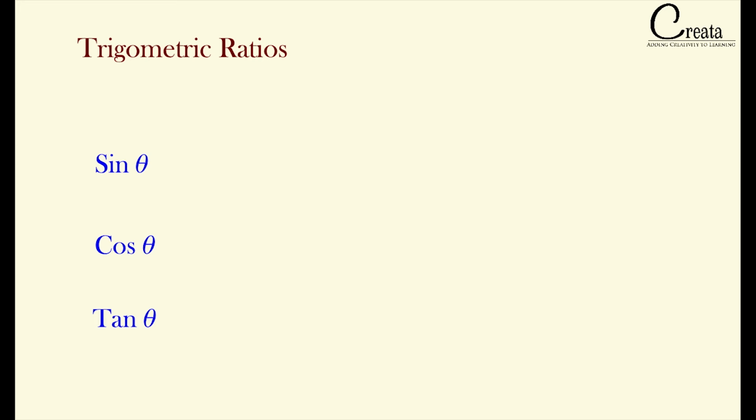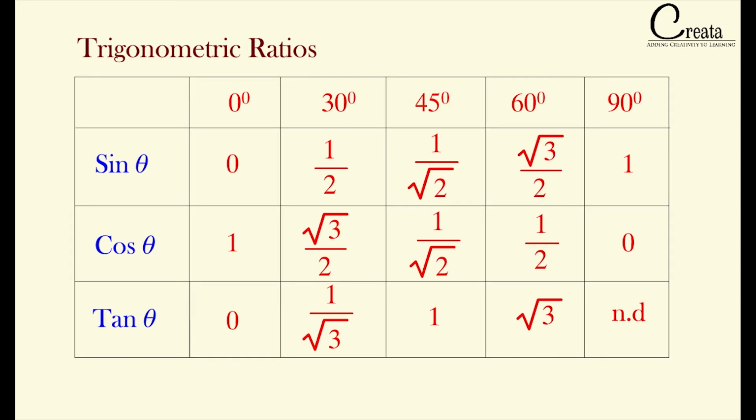Let's go to our trigonometric ratios: sine theta, cos theta, tan theta. We have done the trigonometric table and we have calculated the trigonometric ratios at specific angles. You can say here inputs are angle theta and outputs are values of trigonometric ratios. Like sine 30 degree is equal to 1 by 2.